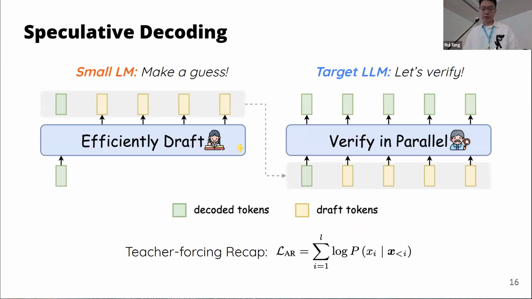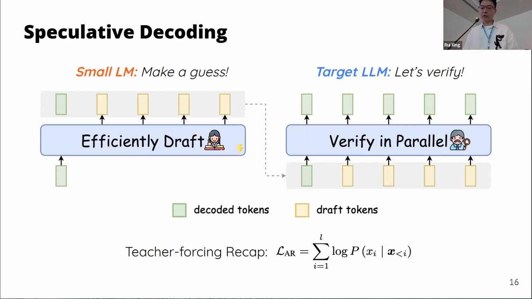And this is a vanilla demonstration of speculative decoding. In each decoding step, speculative decoding first utilizes a small, efficient language model, like the one on the left, to draft multiple tokens. The yellow tokens on the left are the draft tokens, and the green part here is the prefix, or the input prompt of the language model.